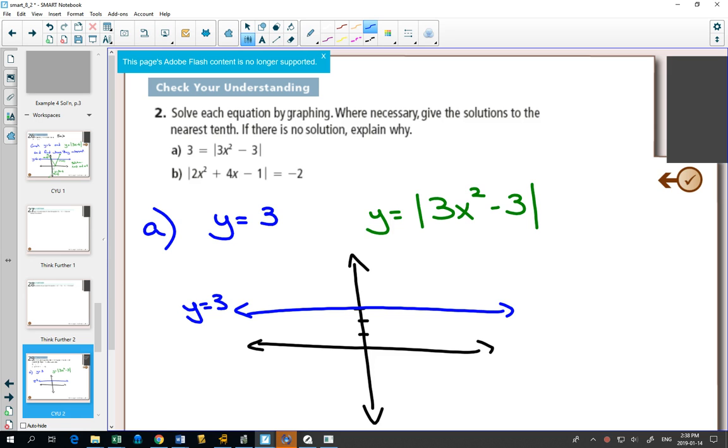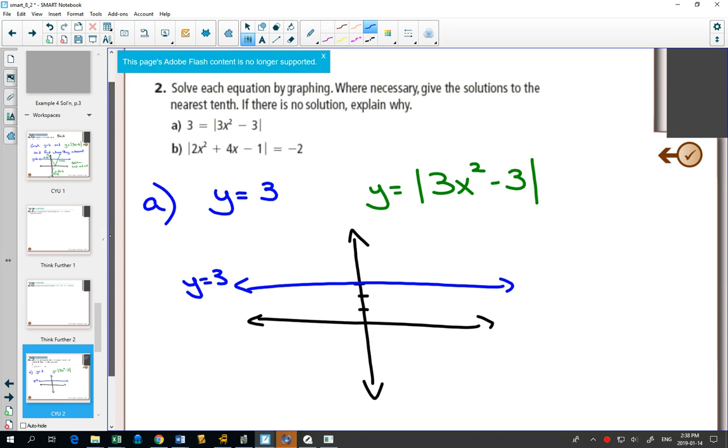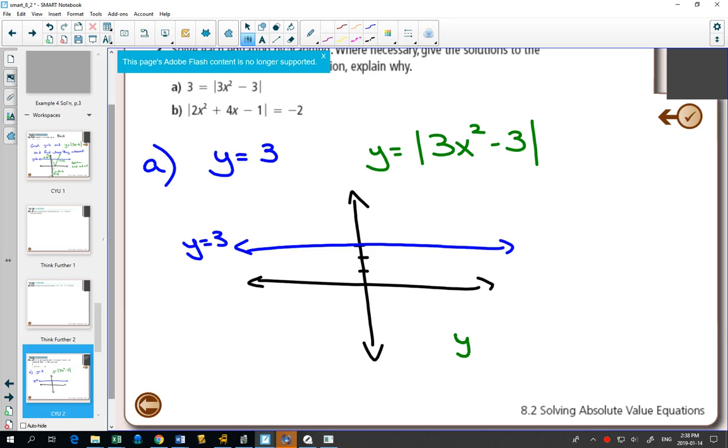3x squared minus 3. If I first graph this parabola, where's the vertex of that parabola? At 0, negative 3.